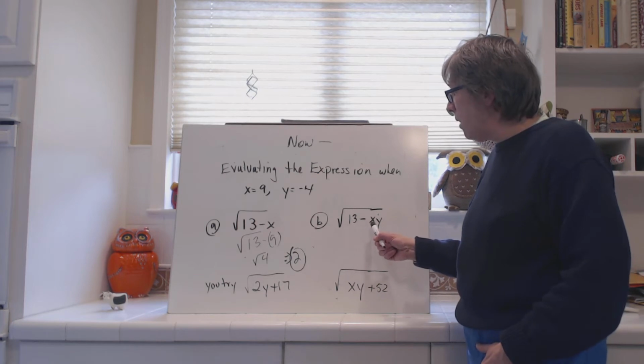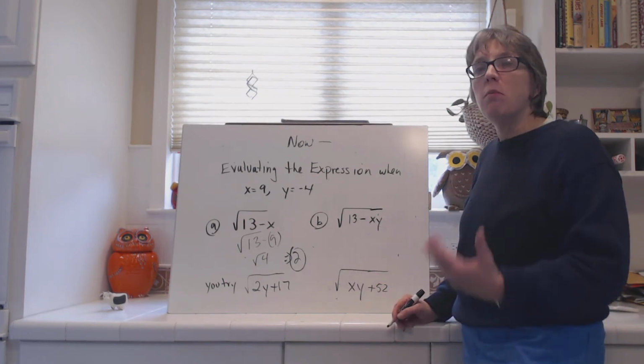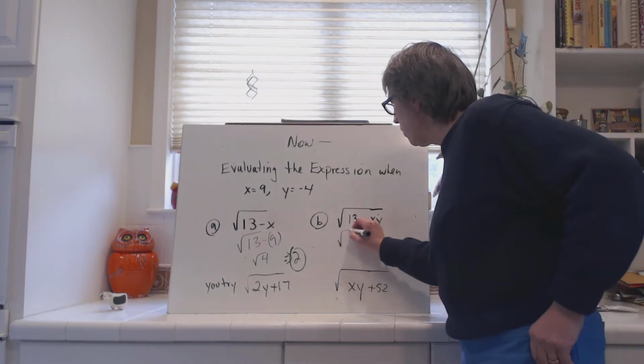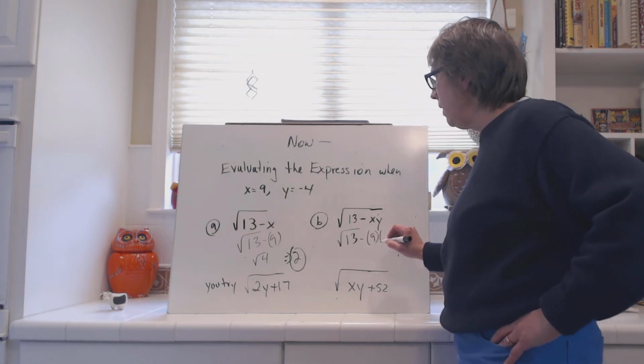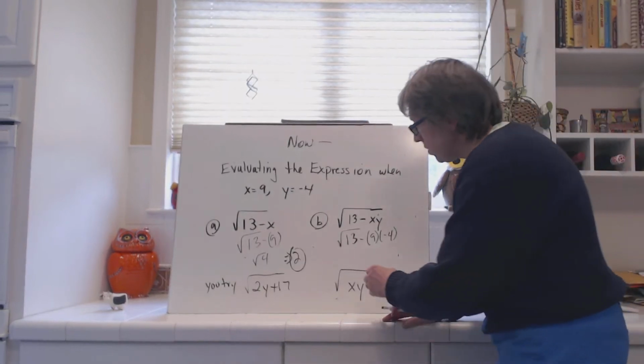Here we have the square root of 13 minus xy. Remember, xy means to multiply x times y. Now, this one's tricky. So we go the square root of 13 minus, well, x is 9, but y is negative 4. We work inside out, order of operations.